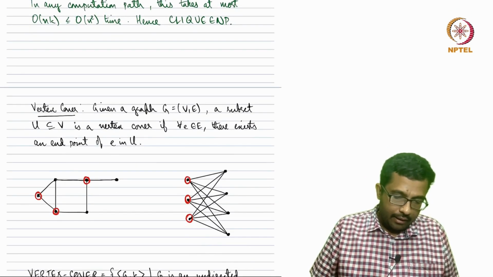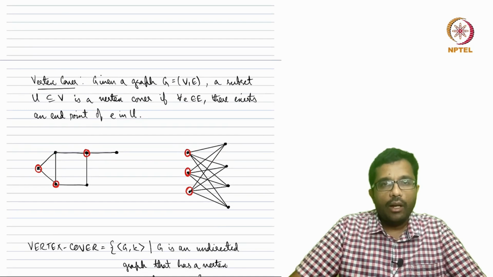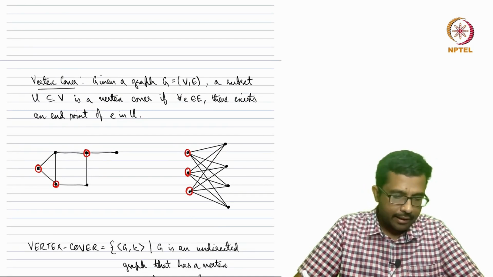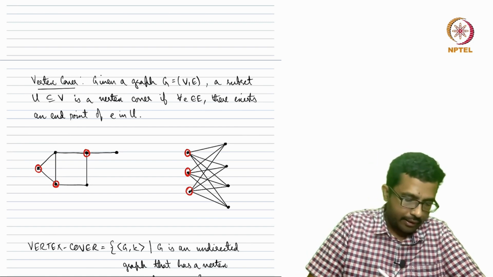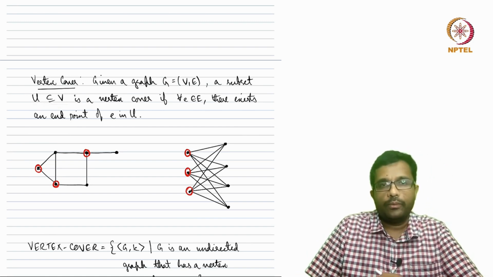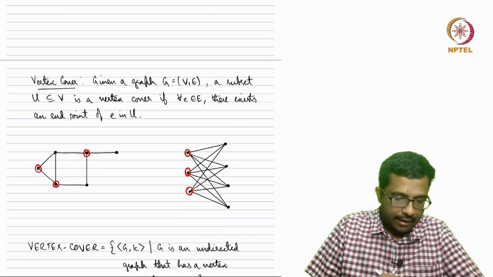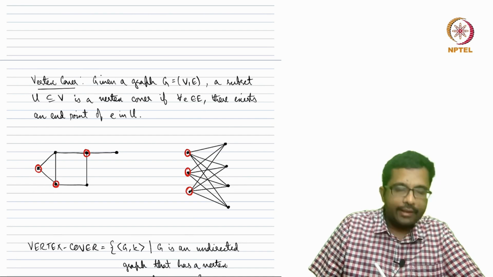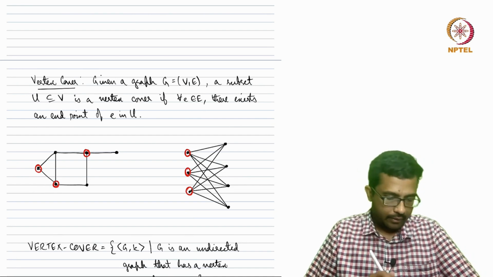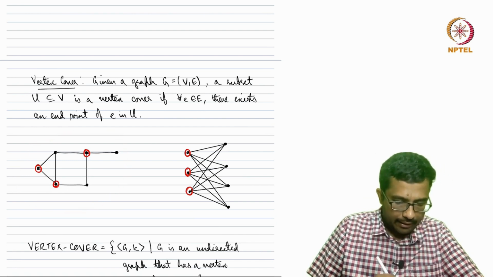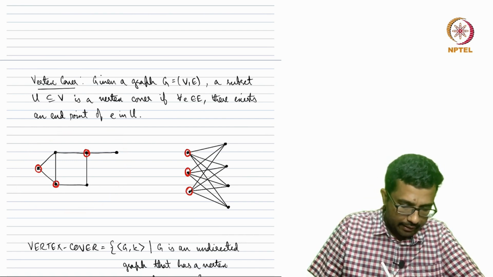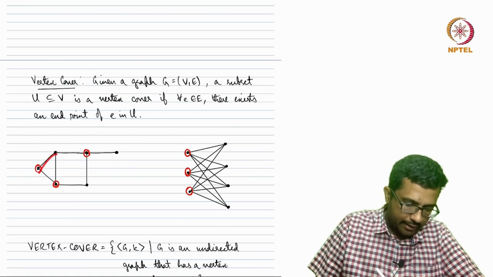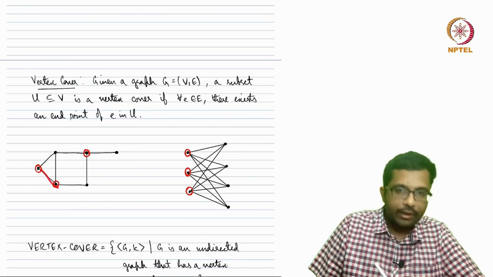The next thing is vertex cover. What is vertex cover? In an undirected graph, a vertex cover is a subset U of vertices such that for all the edges, one of the endpoints is in U. If you take this graph here on the left side, the circled vertices form a vertex cover, because you take this edge, both endpoints are there.